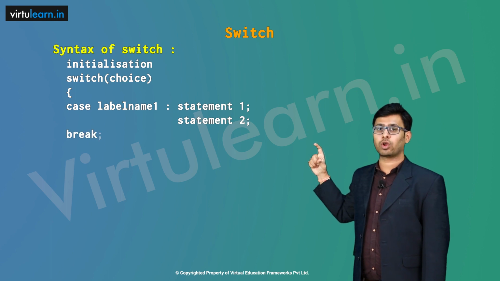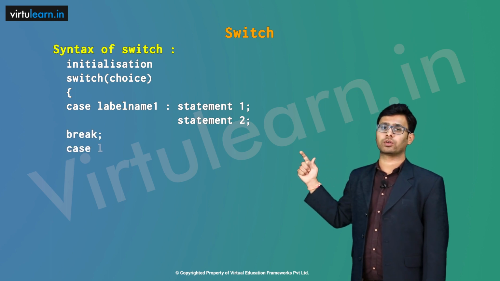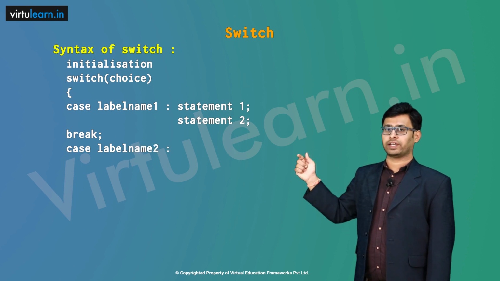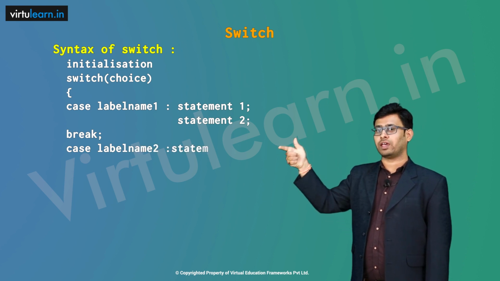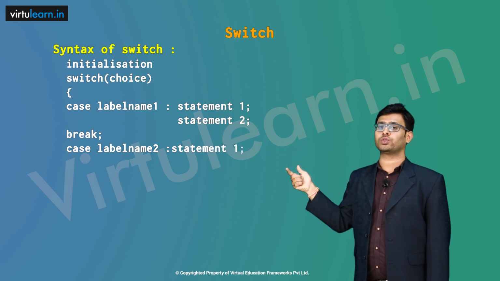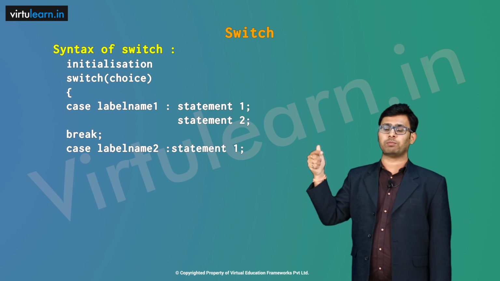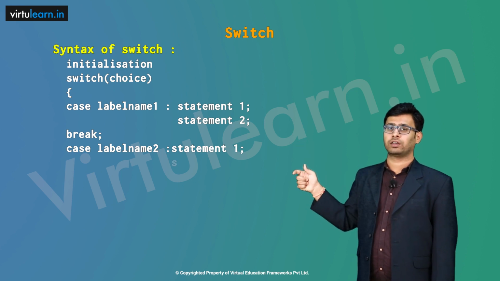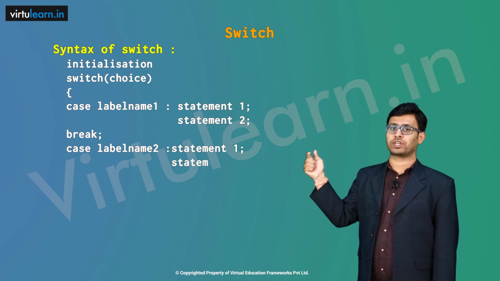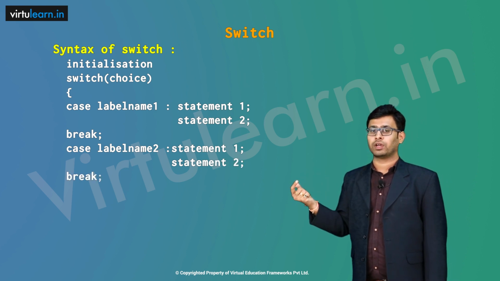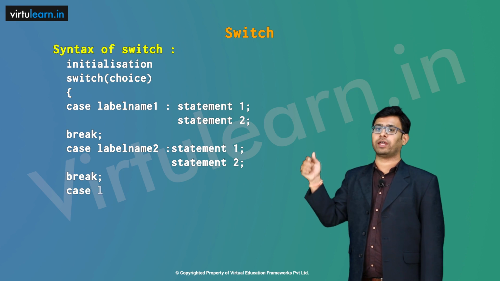and we can write the block of statements whatever we need to execute, like statement 1, statement 2. Next, immediately after the case label we need to close it with a break. Whenever we see this practically, we will understand how we can implement switch case with break, what output we are getting, and switch case without break.